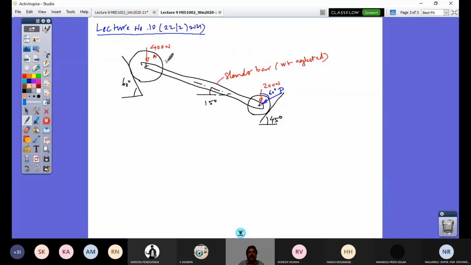Because if I draw a whole free body diagram, I would have a reaction at point 1. Let us say this is contact point 1, this is contact point 2, this is point A, the center of this disc, and point B is the center of this disc. The slender bar is AB. Now I would have reaction RA normal to the slope, and reaction RB normal to the slope. Two unknowns, with P, 3 unknowns, and I could solve for all three.